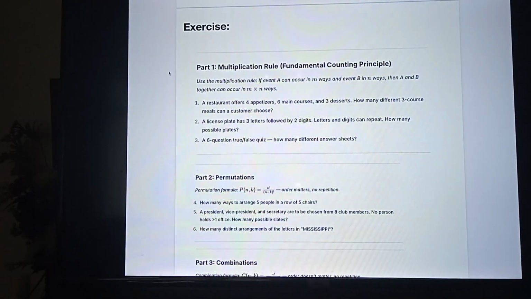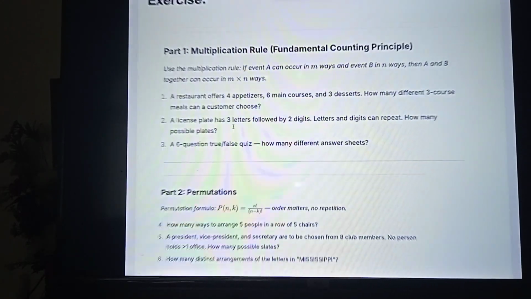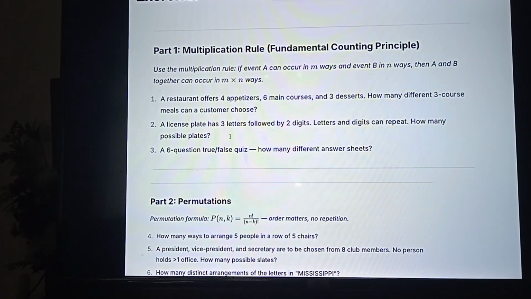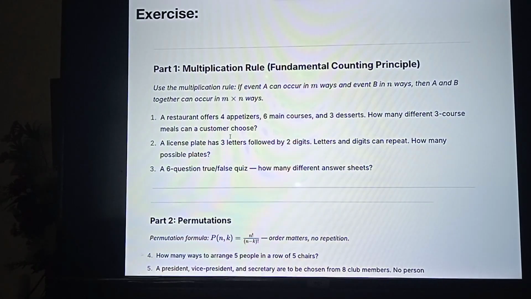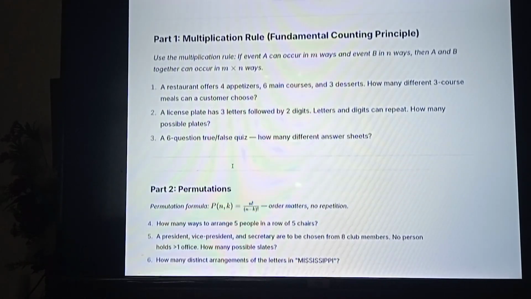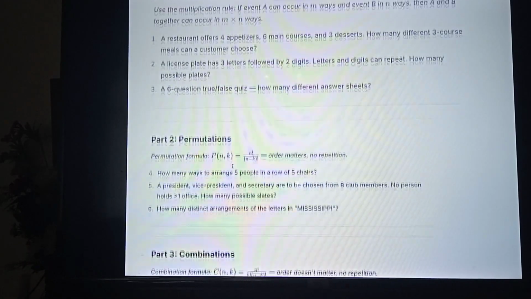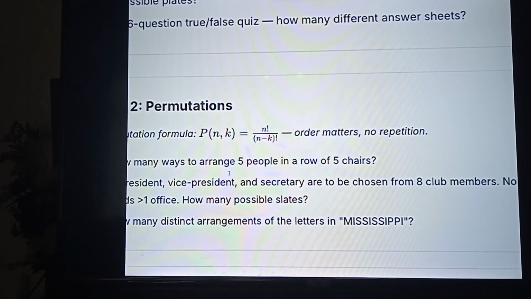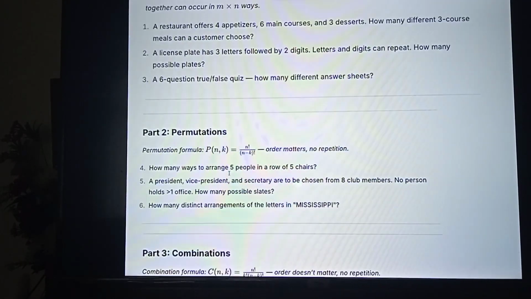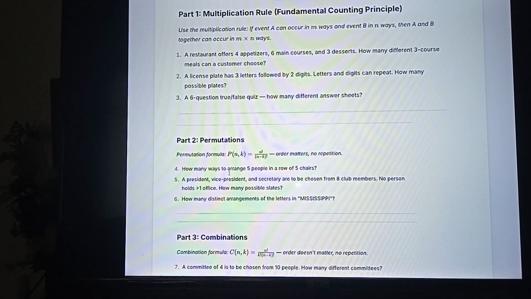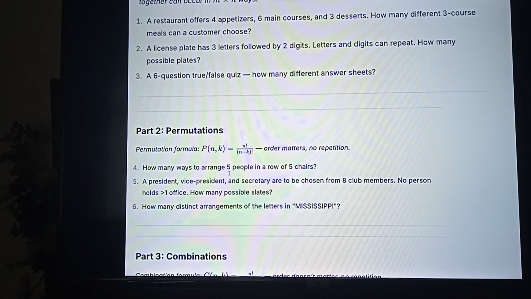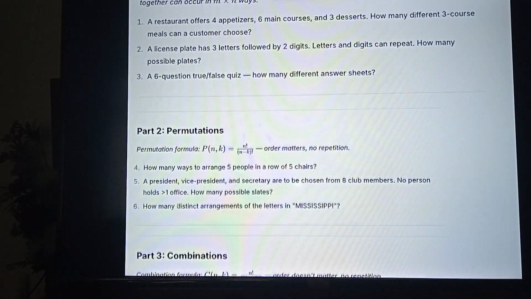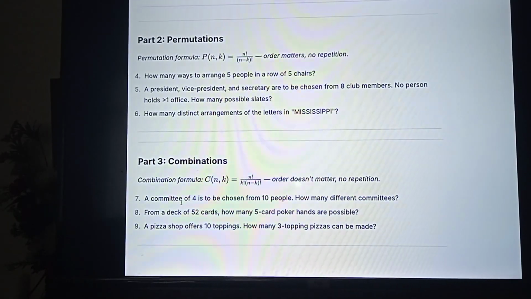Okay, at the end, here is an exercise for you. The first 3 questions are about the multiplication rule. The second 3 questions are about the rule of permutation. And the last 3 questions are about combinations.